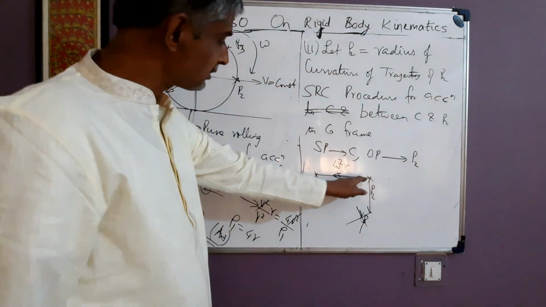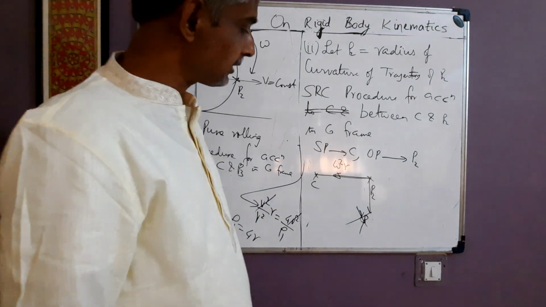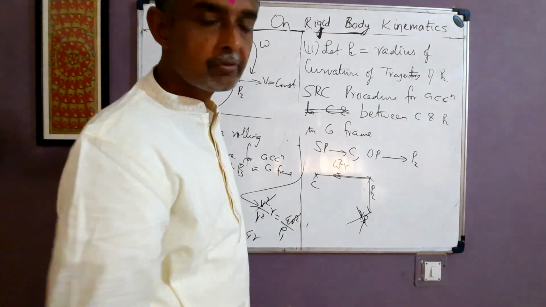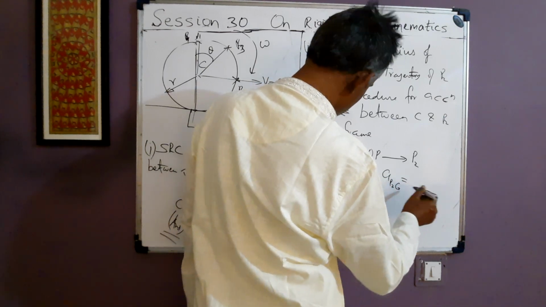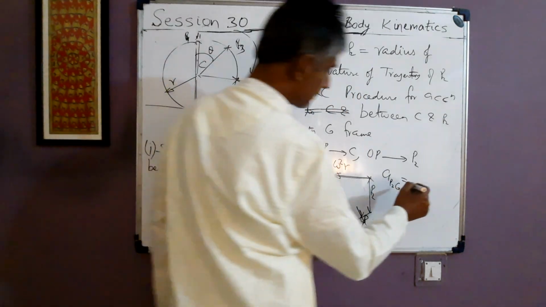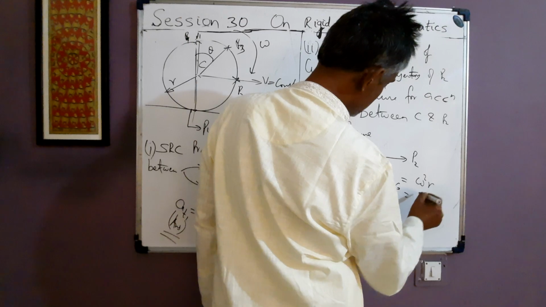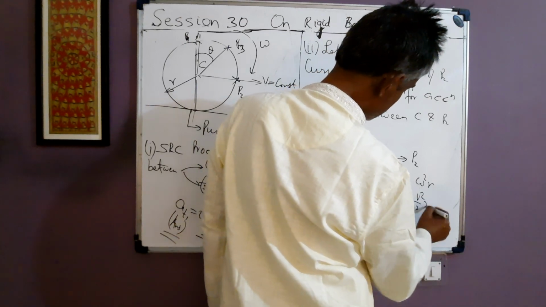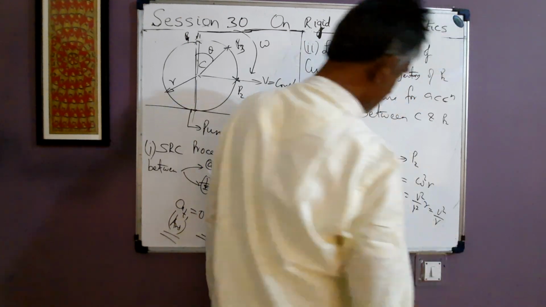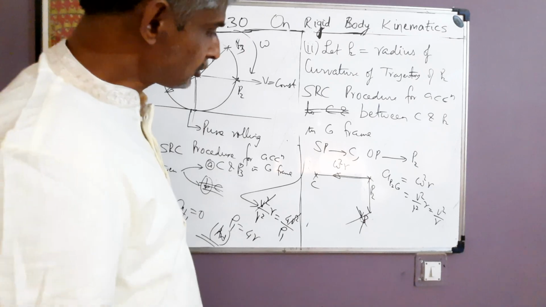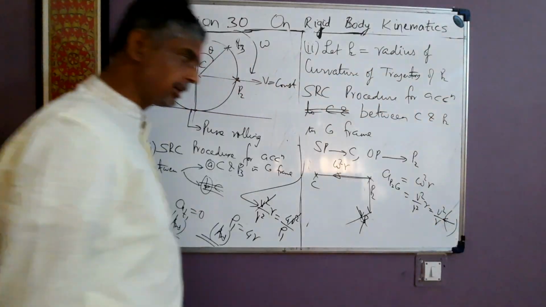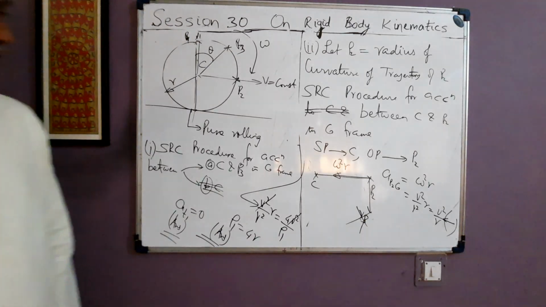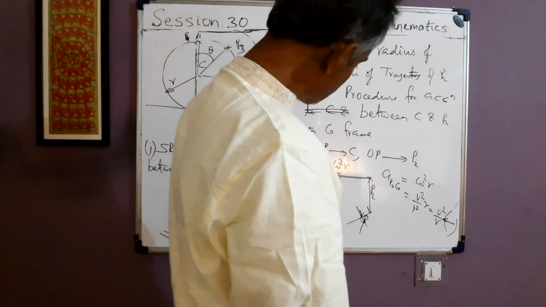So acceleration of P2 with respect to ground becomes omega square R. Omega is V by R from pure rolling criteria, so that is V square by R square into R, which is V square by R. This is the acceleration of P2 with respect to ground, in leftward direction.